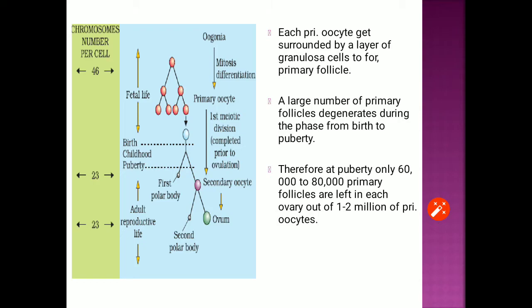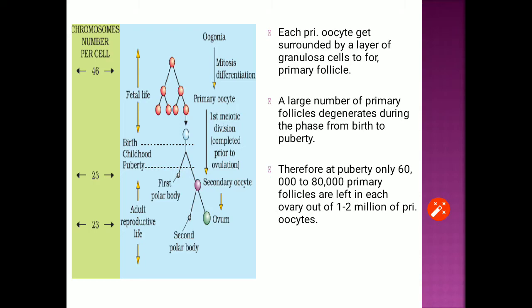Here, in the flowchart, the oogonia undergo mitotic division in the ovary and form the primary oocyte with the same chromosome number, that is diploid, 46 chromosomes.